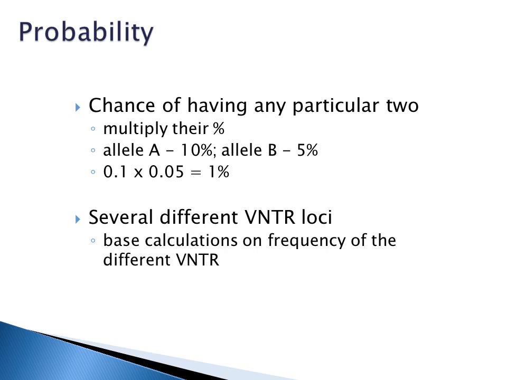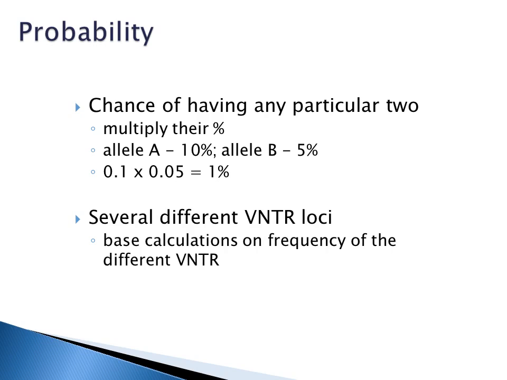So you're going to multiply the percentages. At allele A there is a 10% chance, at allele B a 5% chance. You multiply those, 0.1 times 0.05, so there's a 0.5% chance that two people are going to have the same genotype at those loci.